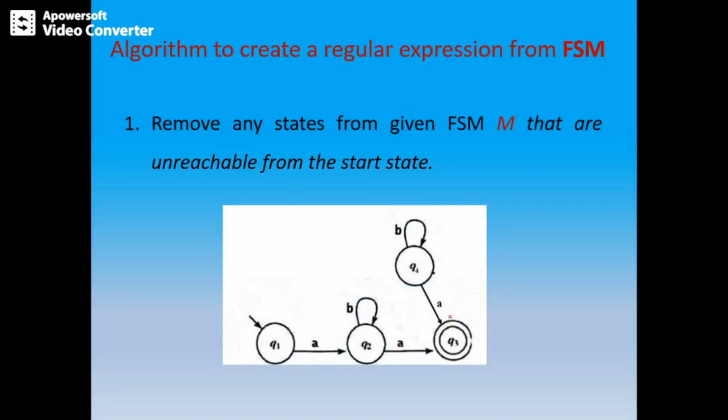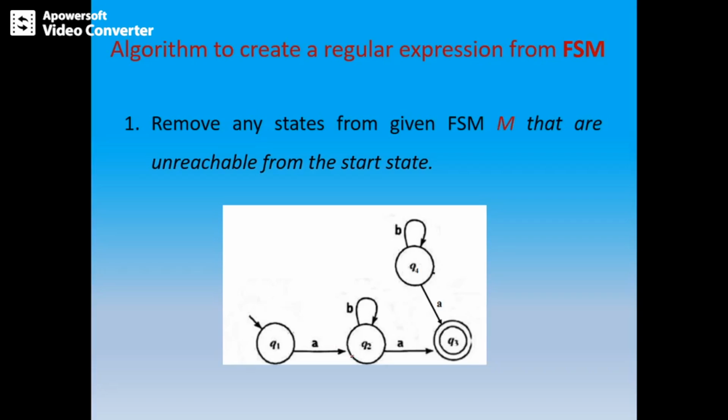If you have an input FSM like this, this is the start state and this is the accepting state. Now you should check whether there is any state that is unreachable from the start state. That means you check whether there is any state that doesn't have a directed path from the start state.